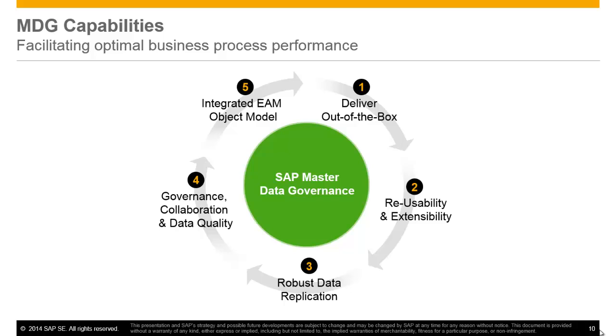Replication, the ability to replicate the data from and throughout your landscape as needed, and providing the appropriate governance, collaboration, and data quality checks throughout the entire governance process to make sure that your master data created using this solution is of the standards that you have set as an organization, that will meet your own internal standards, meet any government and regulatory standards that may need to be applied, and will be fully audited so that you can make sure that you're in compliance in that aspect of things as well.